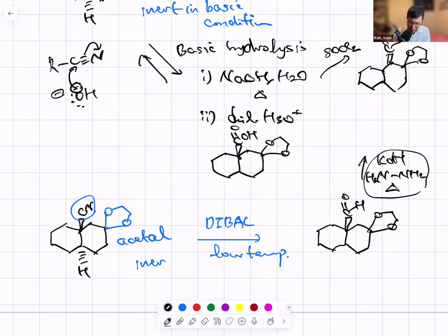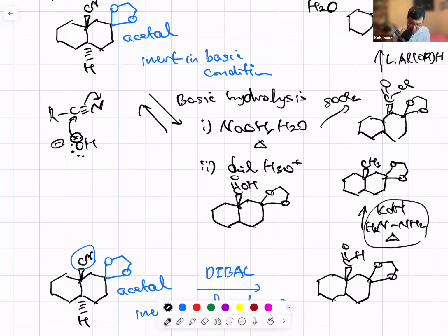Then it'll be turning this aldehyde by reduction into a methyl group. And the acetal will be preserved in the basic condition. Finally, acidic workup.